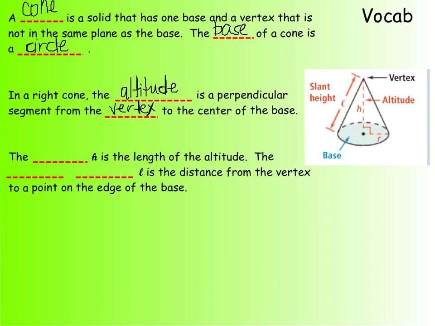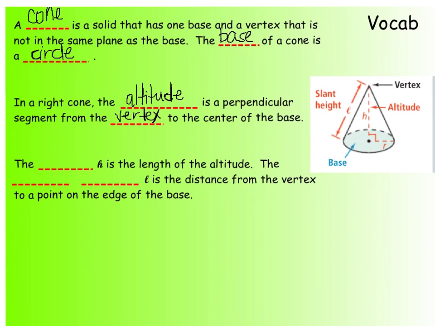So we have a diagram over here. Here's our cone. Notice here's our altitude. It's going from the vertex to the center of the base. Now from that center of the base to any side of our base is our radius. Notice for altitude it has an H right here.